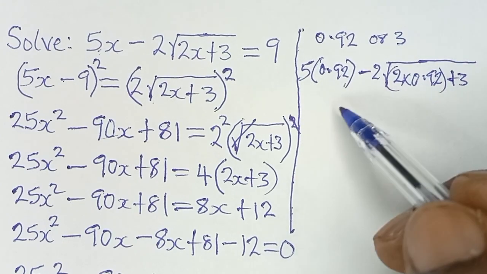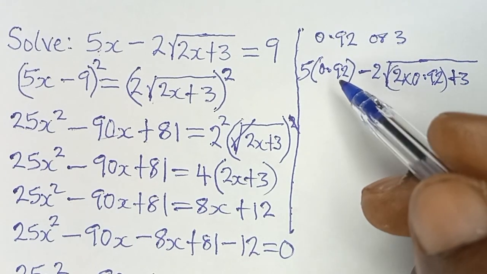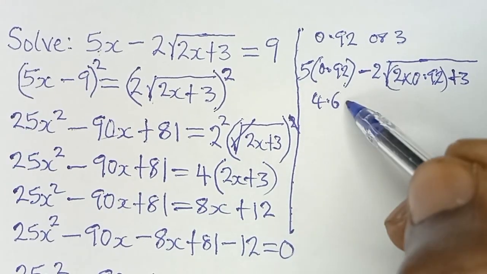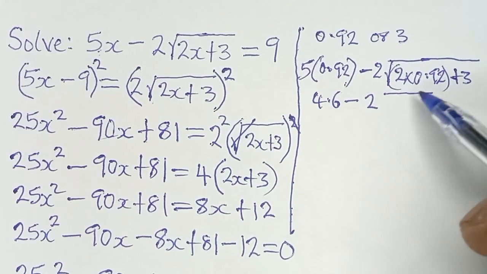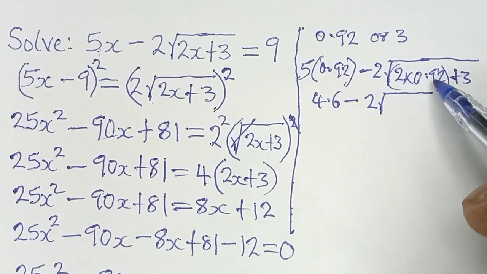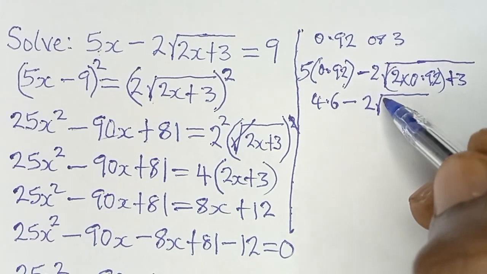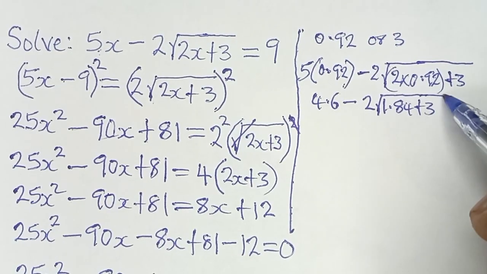Now, 5 multiplied by 0.92 is going to give us 4.6. So I have 4.6 minus 2 multiplied by the square root of 2 times 0.92, which is 1.84, plus 3.